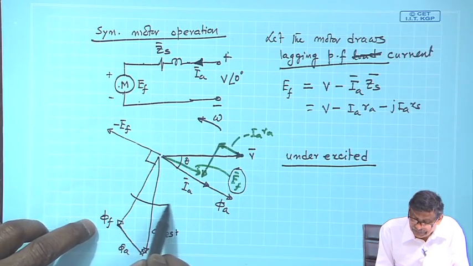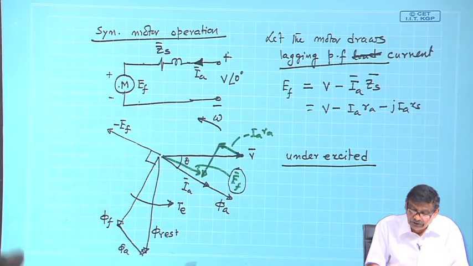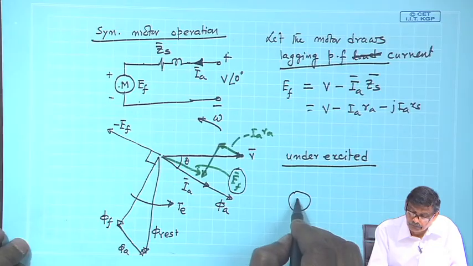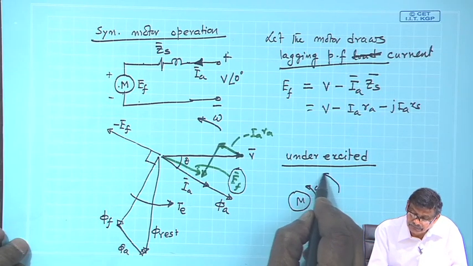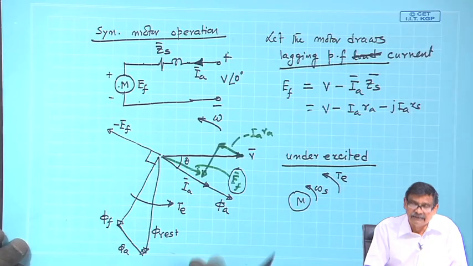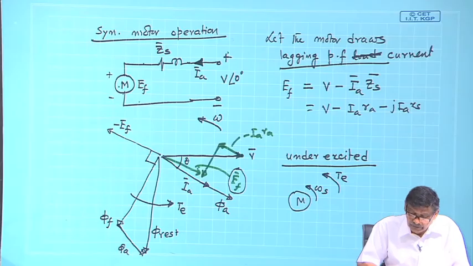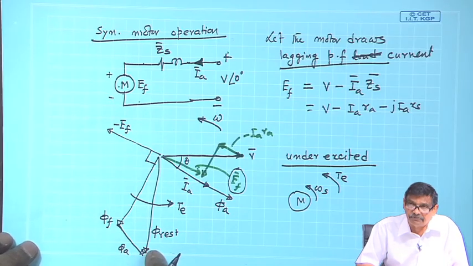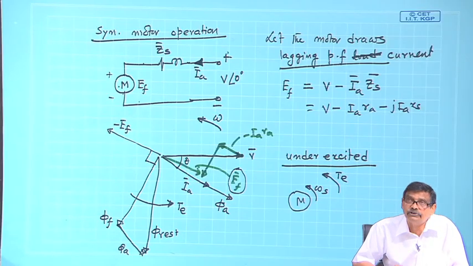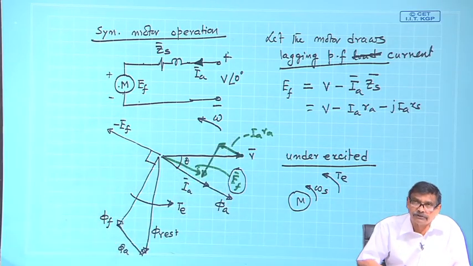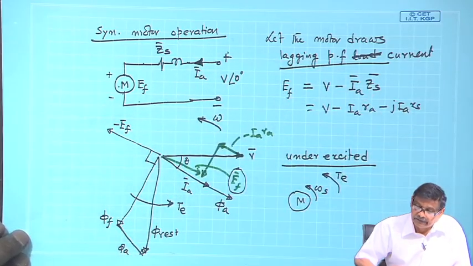Therefore, the torque will be in this direction, the electromagnetic torque developed by the machine, and we know it should be, because in motor mode, if this is the direction of rotation, electromagnetic torque must act in this direction, and it is therefore consistent. In case of generator, I showed you that phi f was behind phi resultant. So, the electromagnetic torque was in the opposite direction to the direction of rotation, and we know that.